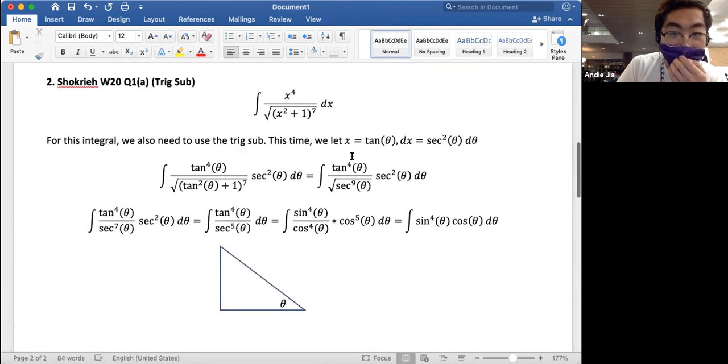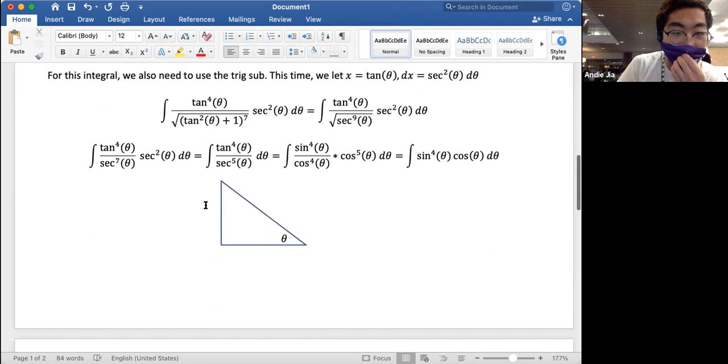Theta here, x over 1 is a tangent. So here's the x, here's the 1, and this is the square root of x squared plus 1.